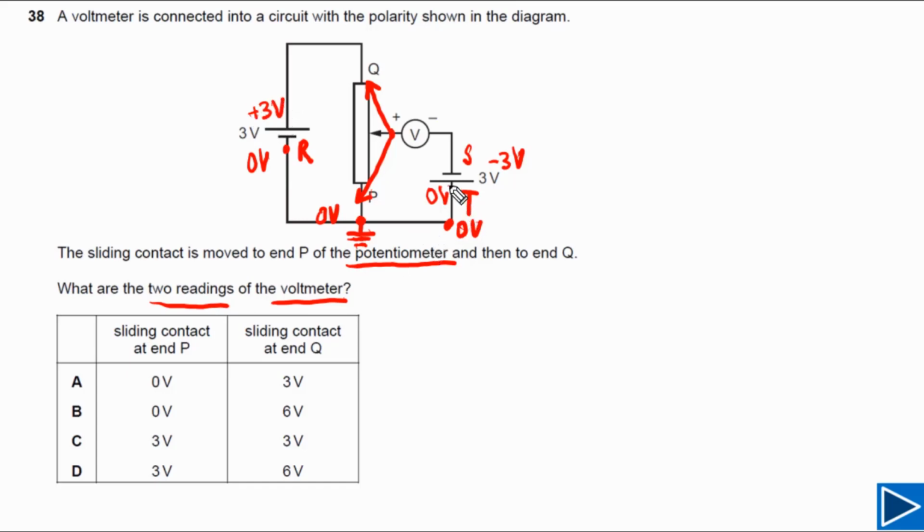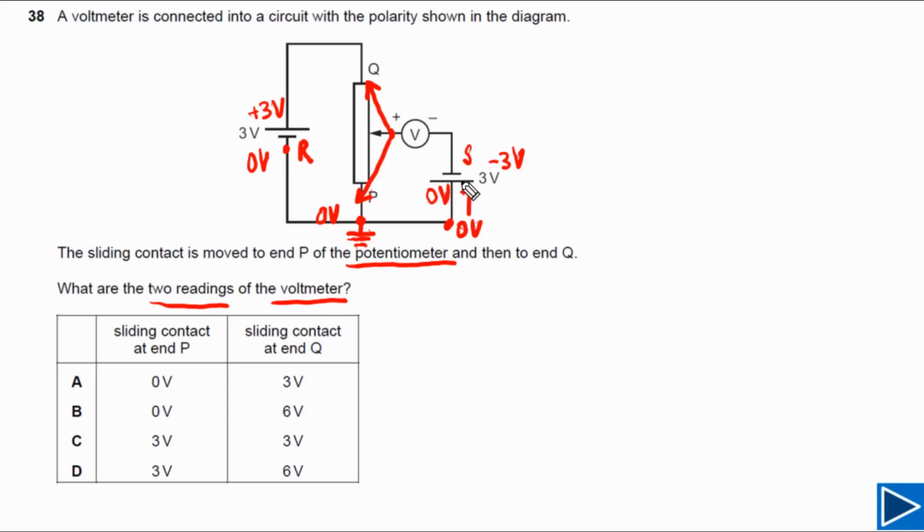Why do we mark this one negative 3 volts and this one positive 3 volts? Positive terminal means it is at higher potential compared with the negative terminal, and the negative terminal means it is at lower potential compared with the positive terminal.